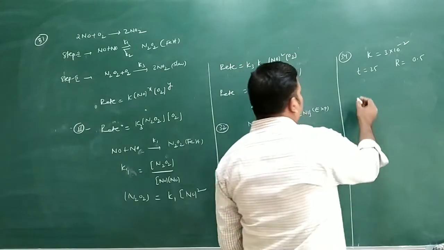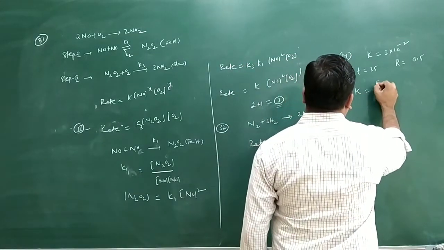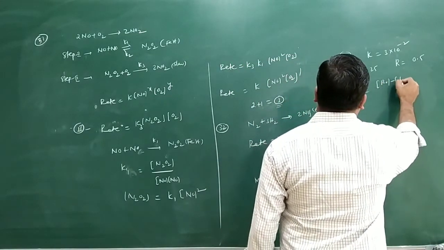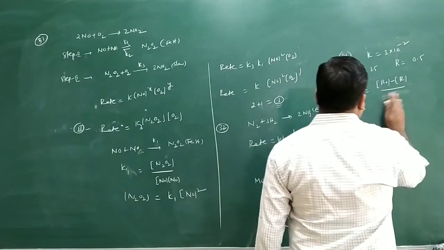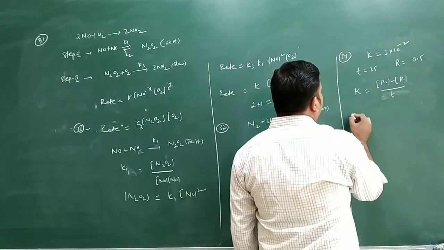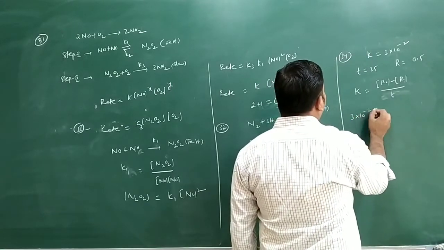What is the expression for a zero order reaction? K is equal to initial concentration R naught minus R, divided by t. K is already given as 3 into 10 power minus 2.